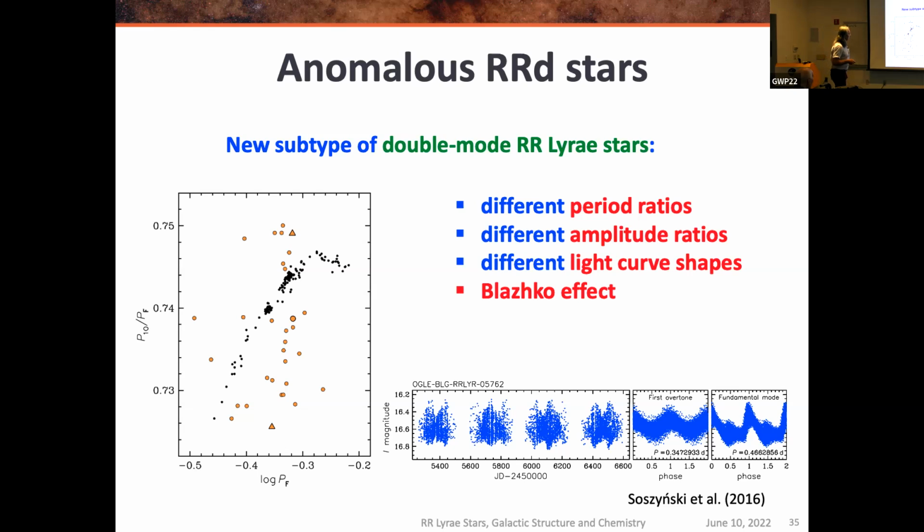But this is not the only difference between these 2 types of double mode RR Lyrae stars. Anomalous RRd stars have different amplitude ratios. Usually the fundamental mode is dominating. They have different light curve shapes, and they usually show the Blazhko effect.